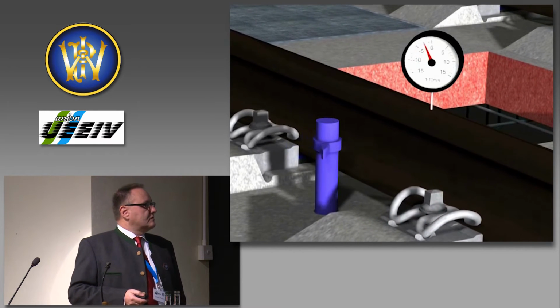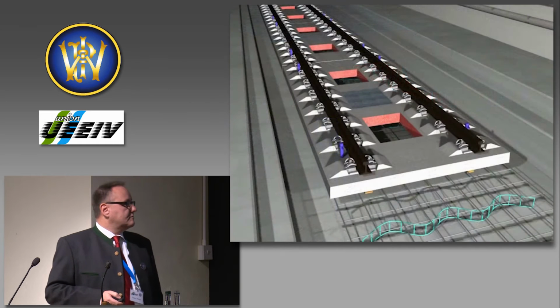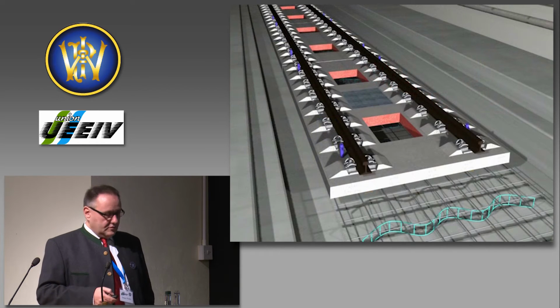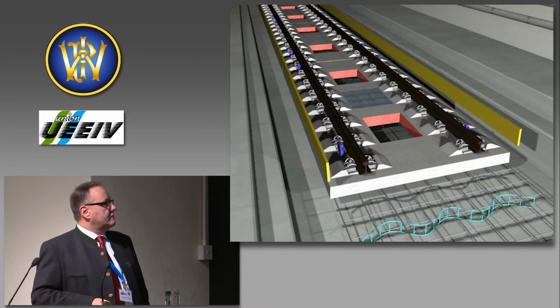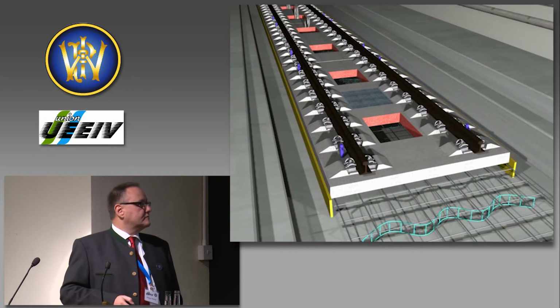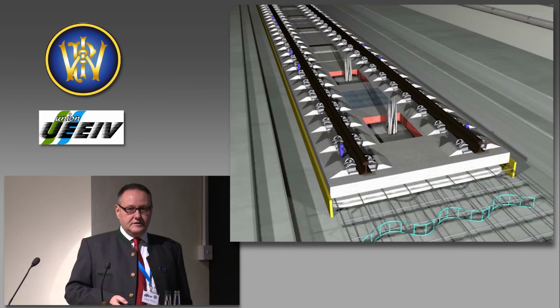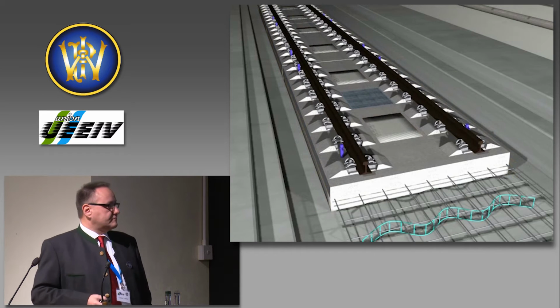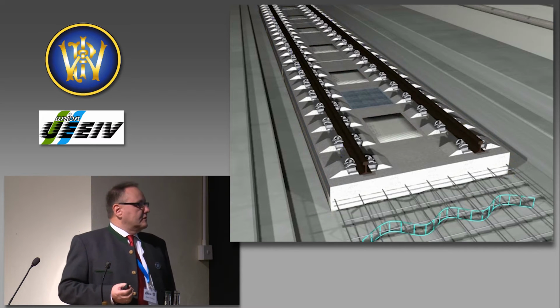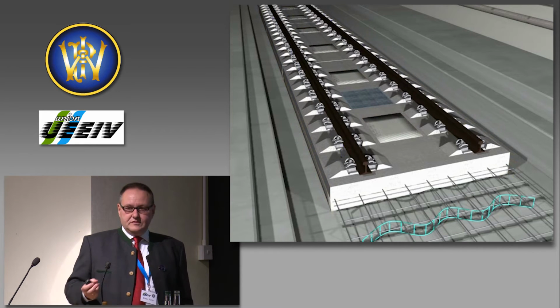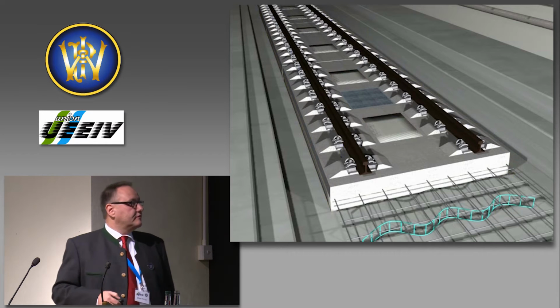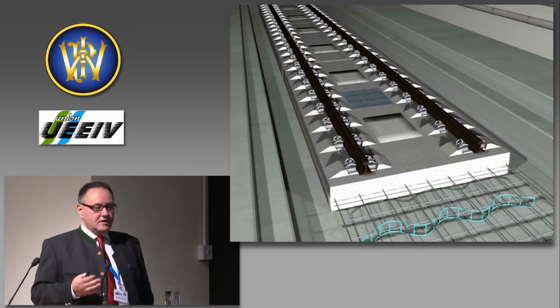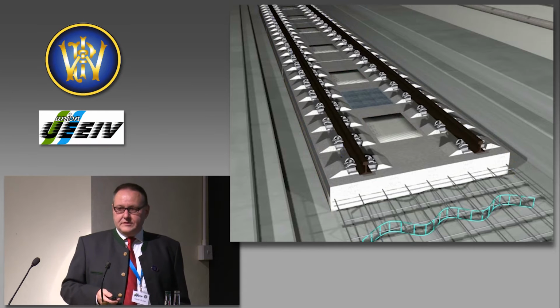You see just here a symbol how to move this system. And afterwards we need only on the side some scaffolding. It's not very much material which is used here. And then self-compacting concrete is filled in. So there is no special compacting machinery, and this way to install reduces all movements of the track after underpouring it.